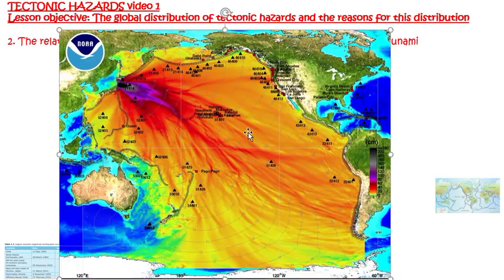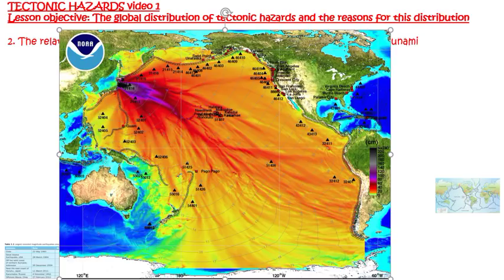Now, if you want to jazz that up a little bit, tsunami risk is highest along coastlines which are adjacent to or face large expanses of ocean where there's a risk of high magnitude submarine earthquakes. Alright?